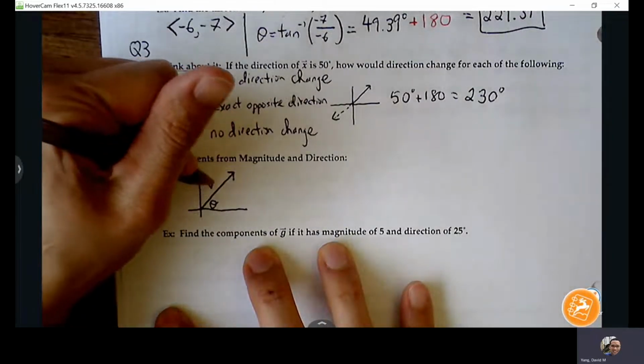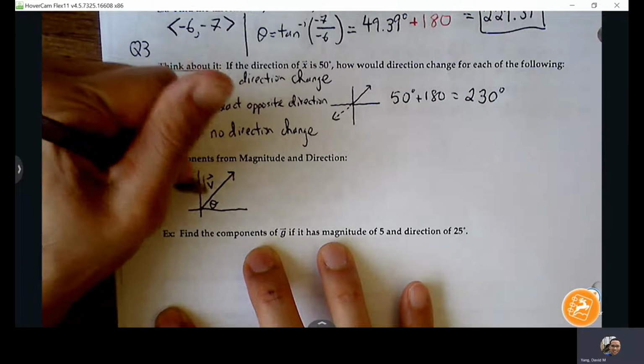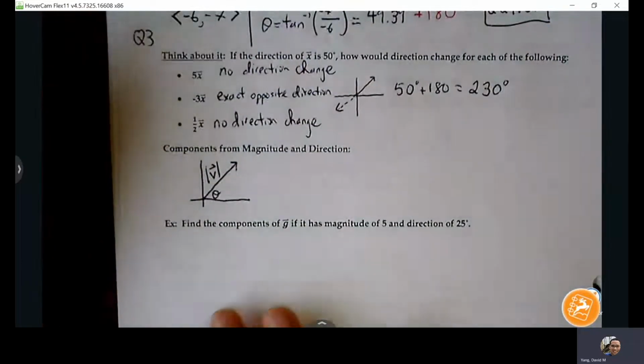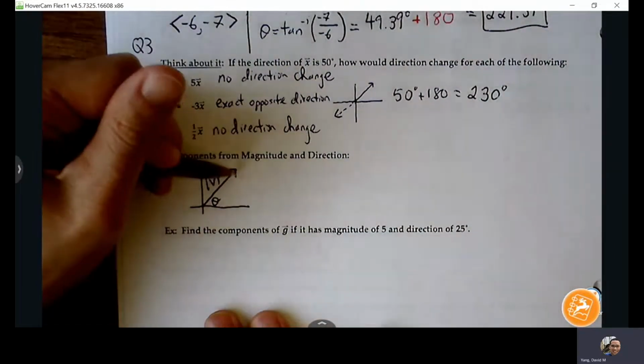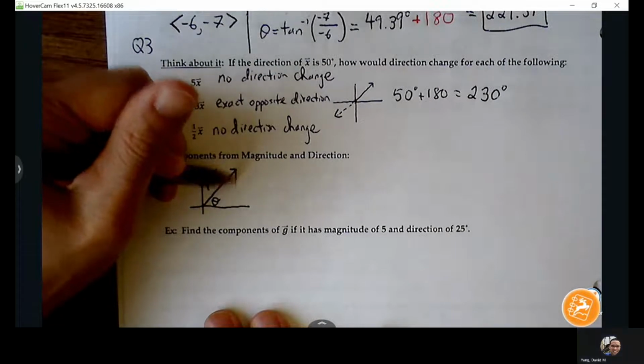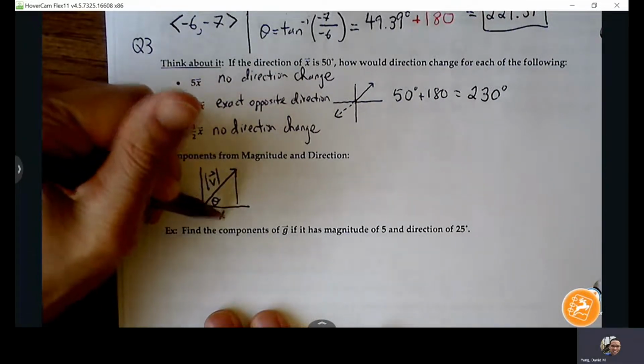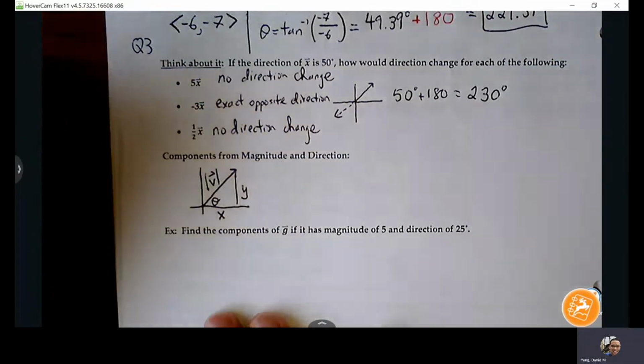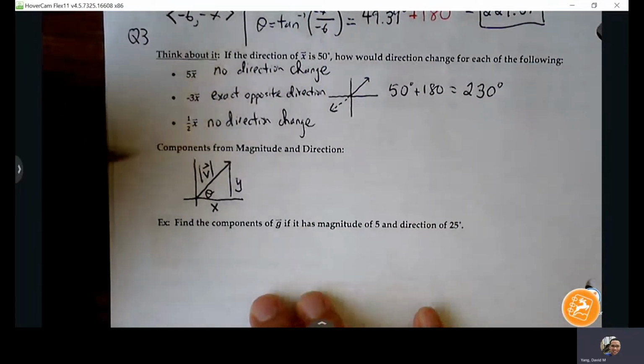So let's say this is vector v with a magnitude of a value, and if I want to get this in component form, I can use sine and cosine, right? We discovered that yesterday when we were working with the Harry Potter task.